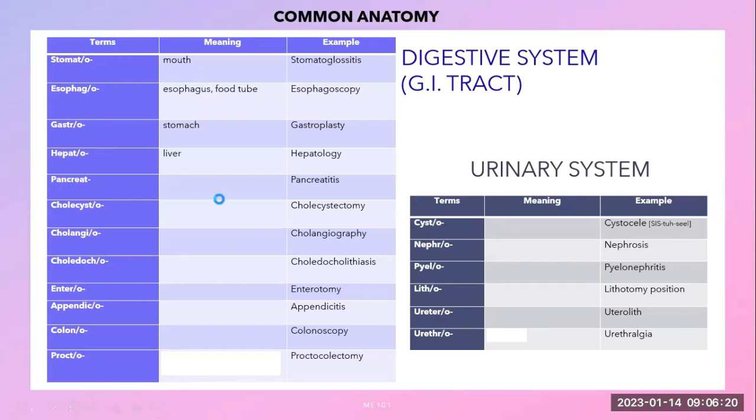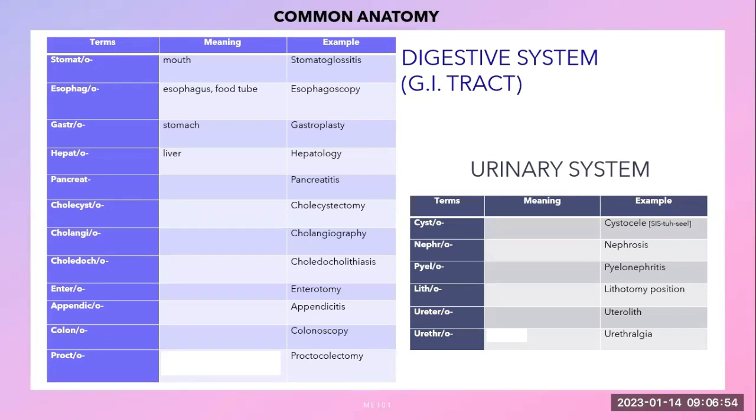And then the next is hepato, which means liver. We have hepatology. What does hepatology mean? It means the study of the liver. Yes. So logy means that you study or specialize in something.